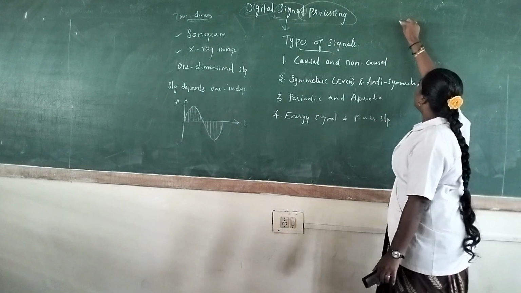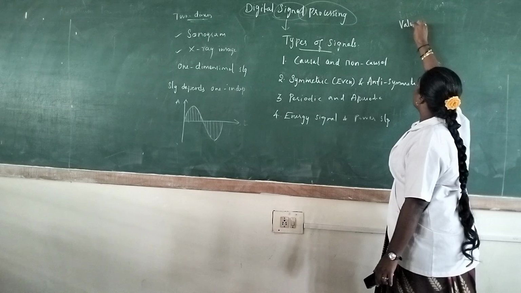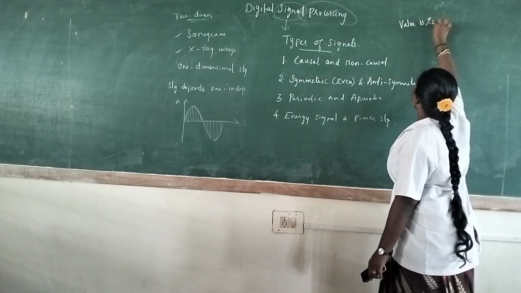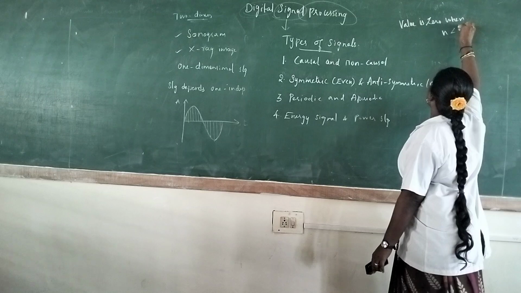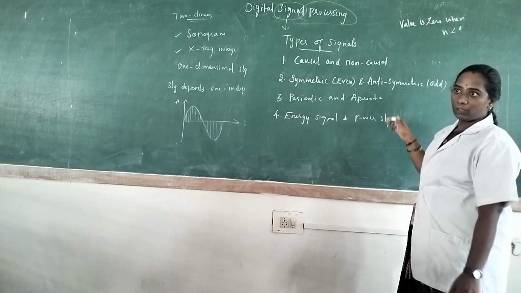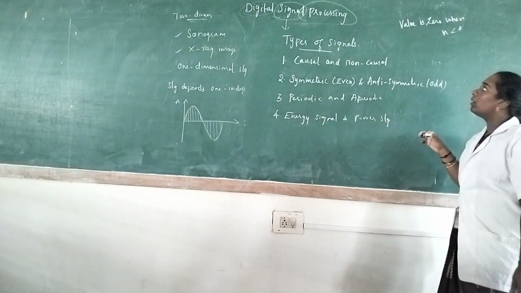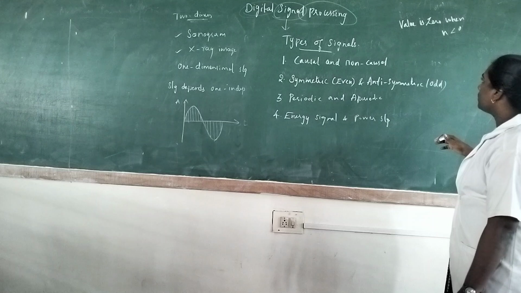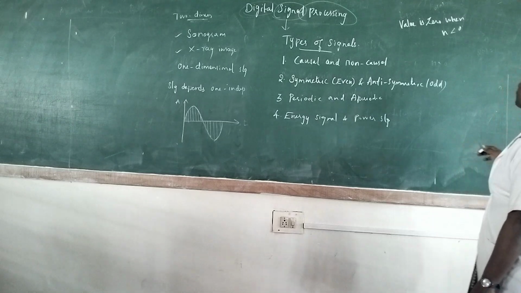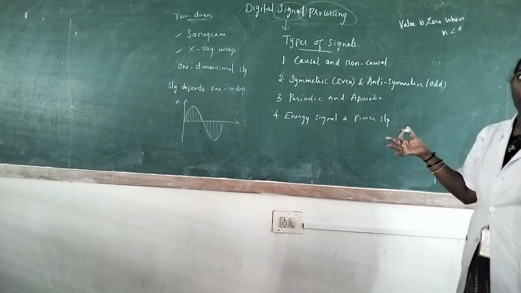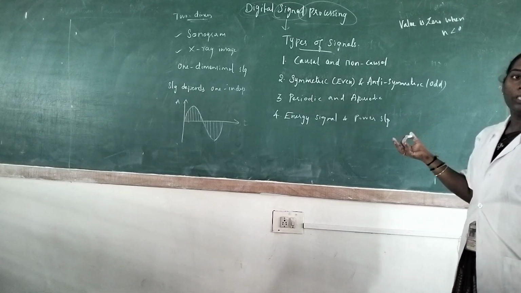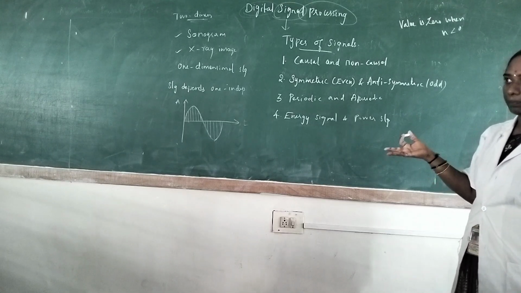So the value is 0 when n less than 0. Hence it is called a causal signal. Okay. Otherwise the signal is called a non-causal signal.